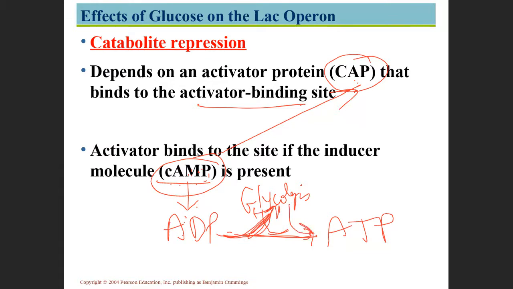So this cyclic AMP is going to go in this direction instead of going in the direction of making the CAP protein. And that's why cyclic AMP is not available in the presence of glucose to make the CAP. That's essentially what's happening. Cyclic AMP is being shuttled towards glycolysis to be made into ADP and then used for glycolysis. So it will not be available for the CAP protein. So that's essentially why, as long as glucose is present and glycolysis is going on, the cell is not going to touch lactose.